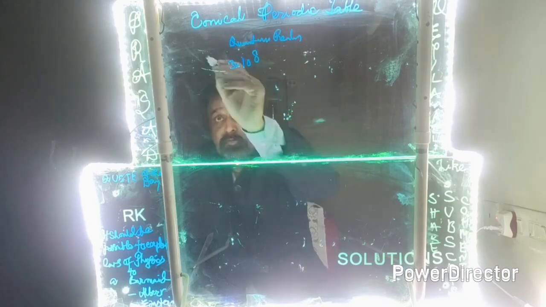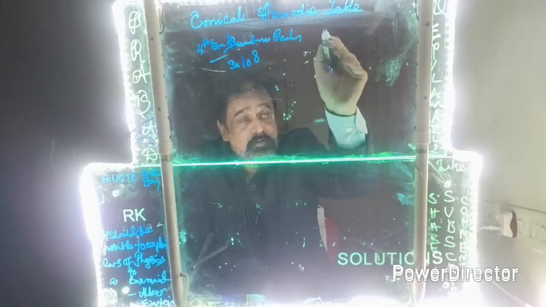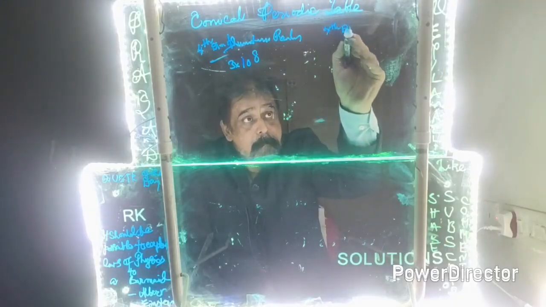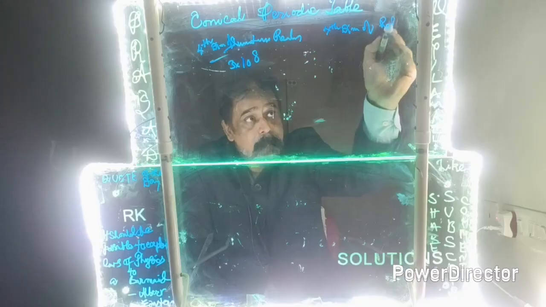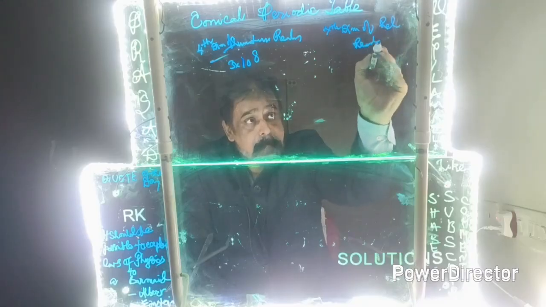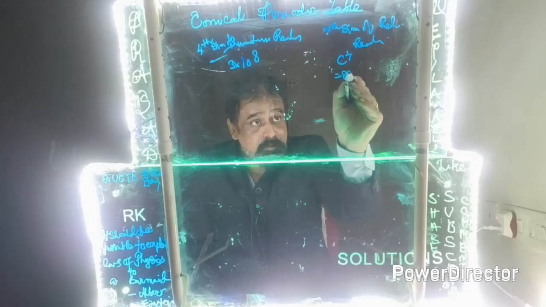So I always used to tell you that 3 into 10 raised to 8 is the quantum realm, the fourth dimension of quantum realm. And the fourth dimension of relative realm is 0 to 4. That is 81 into 10 raised to 32.